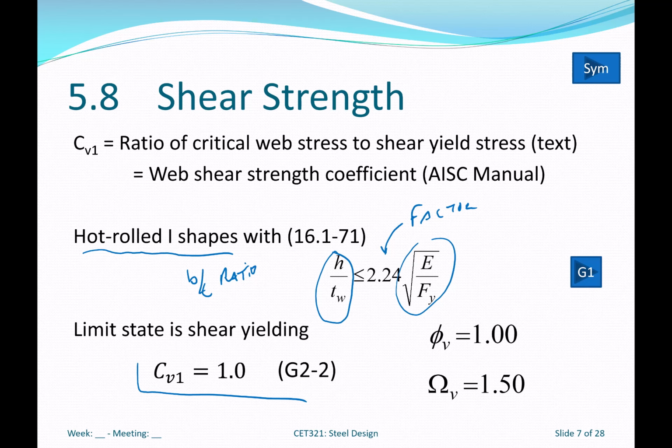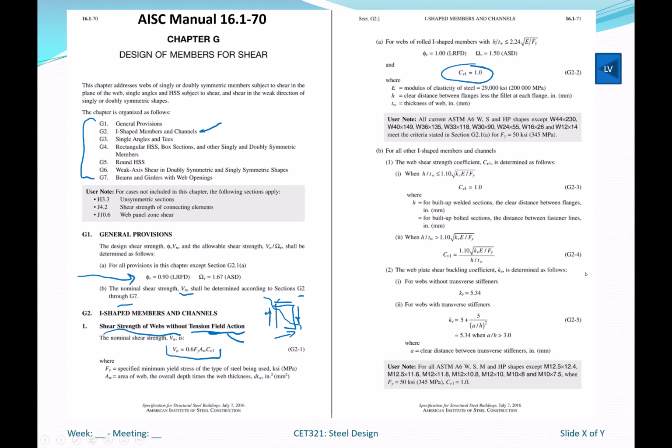And you'll find out that the majority of our shapes meet this criteria for Fy of 50. So again, we're in pretty good shape. We'll come back and take a look at this stuff.